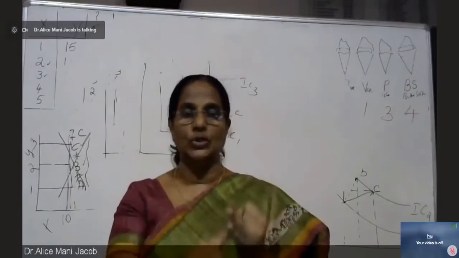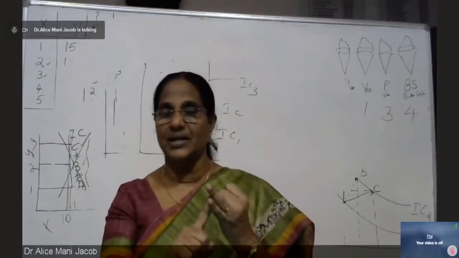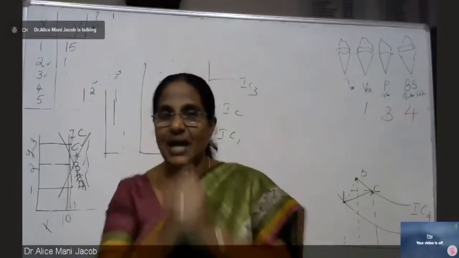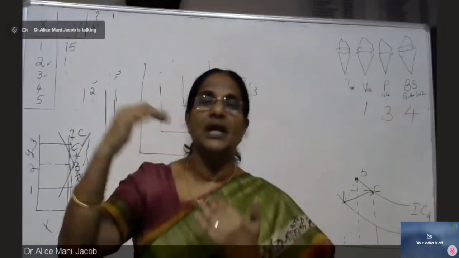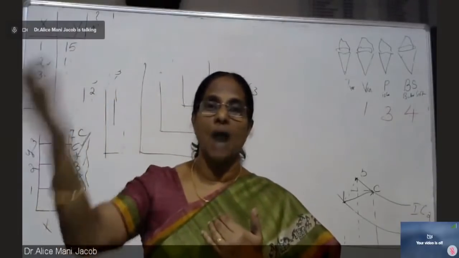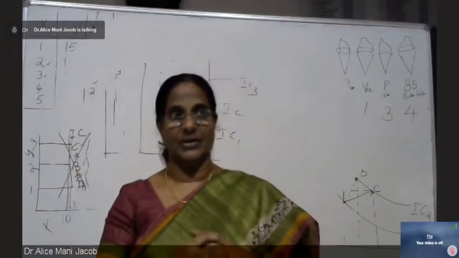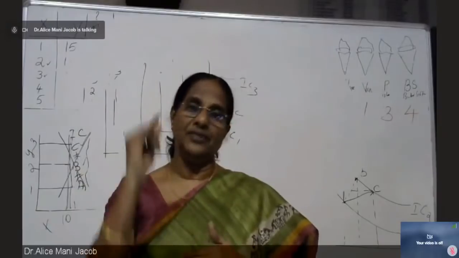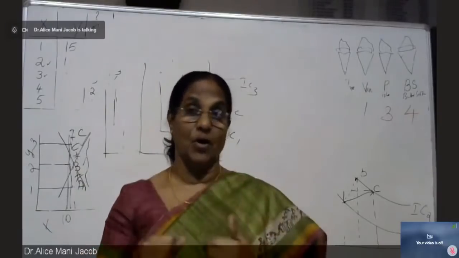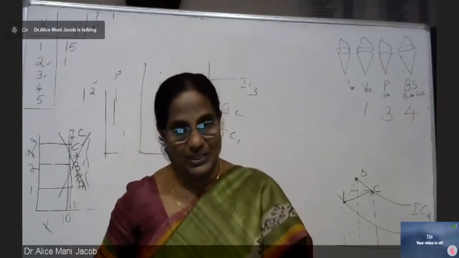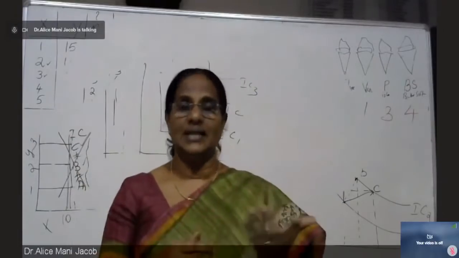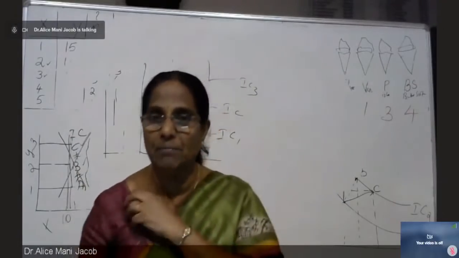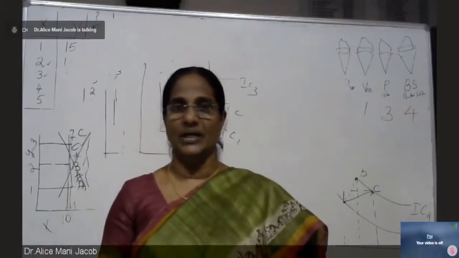So these are the two constraints that make it impossible for me to go up my indifference curve. Now let us learn about the constraint. The first constraint is that the money in my pocket is limited. The second constraint is that I have to pay a price, only then will I get the commodity.